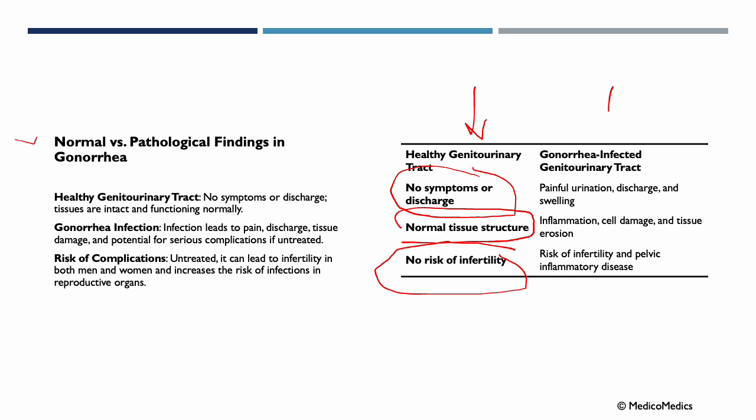But if we compare that to a gonorrhea-infected genitourinary tract, we will see painful urination, discharge, and swelling, signs of inflammation. The normal tissue structure will have changed due to inflammation, cell damage, and tissue erosion. Furthermore, we will see a development of higher risk of infertility and pelvic inflammatory disease in women.